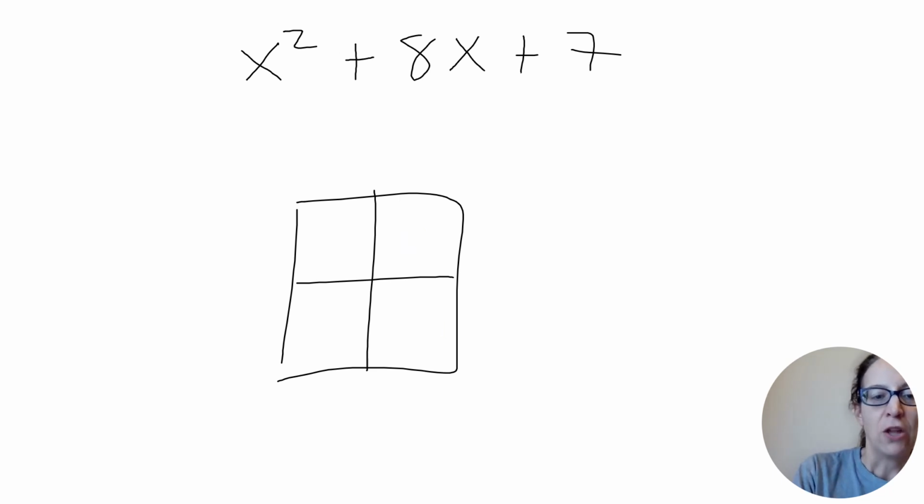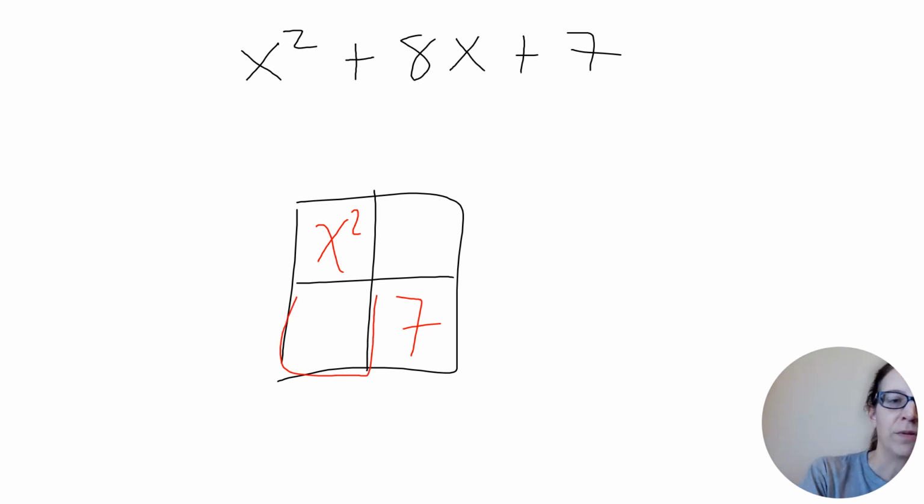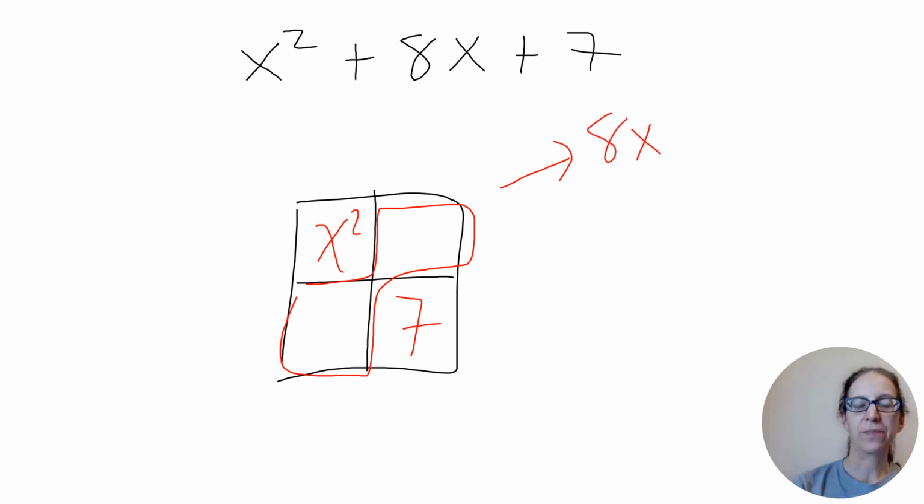Now, in this particular problem, we know the x squared goes here, and we know the 7 is going to go here. These two have to add up to give me the 8x, because the x squared is always in the upper left and the constant's always in the lower right, and then the two other diagonals have to add up to the 8x.